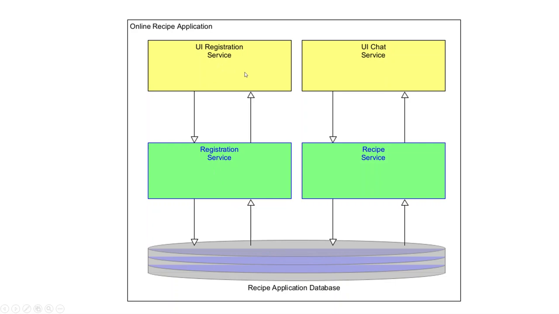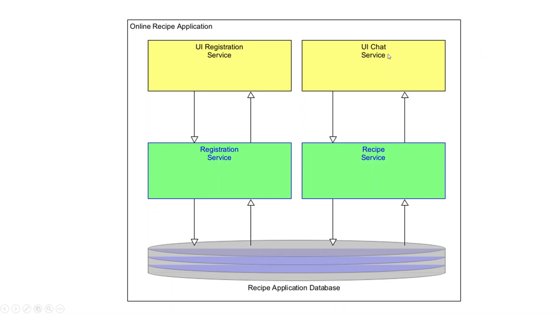After registering with the application and having used the UI registration service, the user is then ready for the next experience in this architecture, which is hosted in the UI chat service.